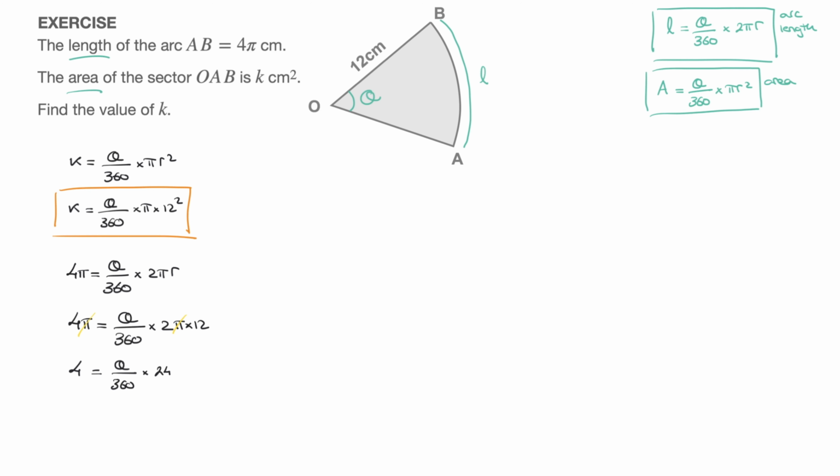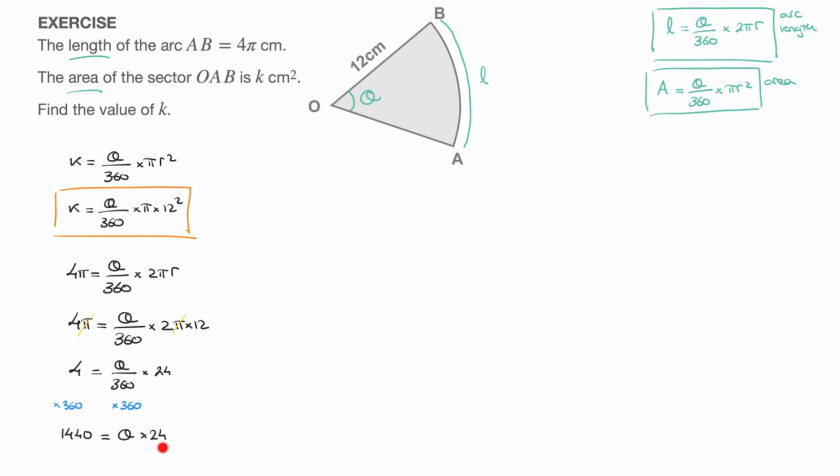So I'll multiply both sides of this equation by 360, so that the left-hand side becomes 4 times 360, which you can check is 1,440. And on the right-hand side, we have theta divided by 360 times 360, which makes the 360s disappear, and we're left with theta times 24.